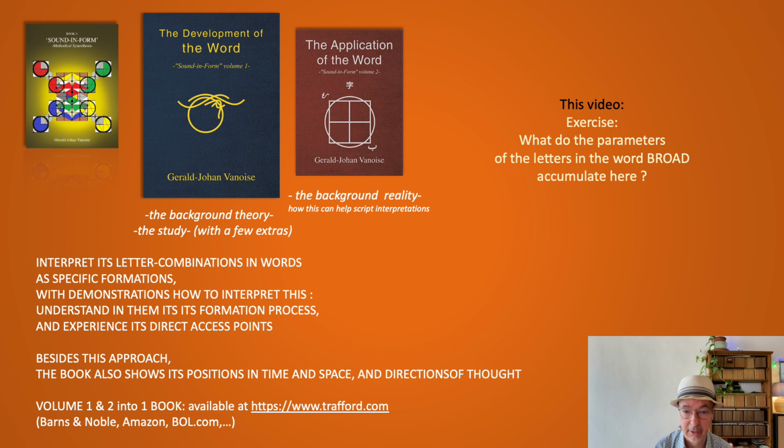That's one of the reasons for the least resistance, let's say: when the letter combinations are correct, then it's easiest to get your mind onto these positions and combinations of positions and directions that are underneath. So let's go to broad.